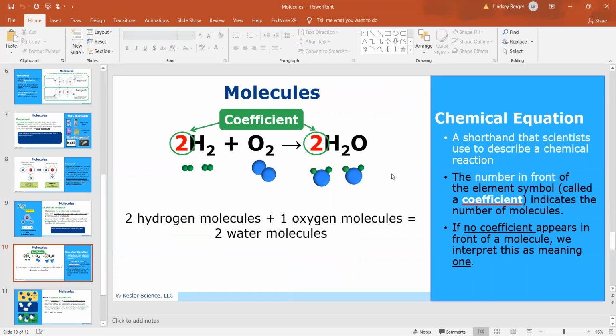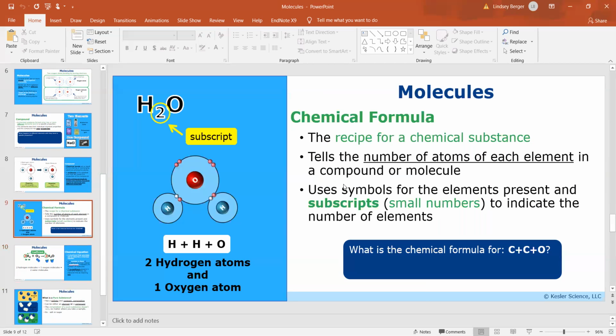So chemical equations, like I said, we can use them to shorthand things so we understand how many atoms are going into these molecules, but we can also use them to show how we're combining more than one set, basically. So this one only got us 1 water molecule, okay? That's great.